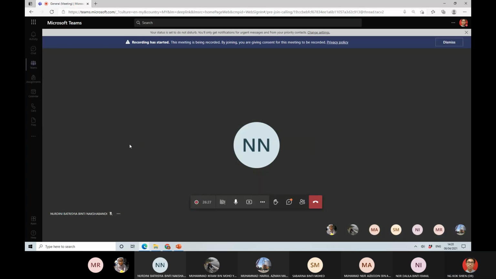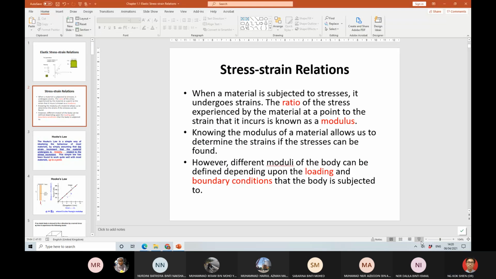So basically, for elastic soil, obtaining the modulus is very simple, very straightforward. But if the soil is not elastic, then the modulus can be quite tough to get, especially if you have a non-linear behavior.